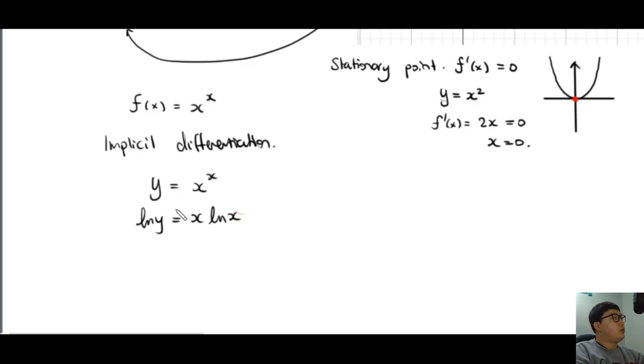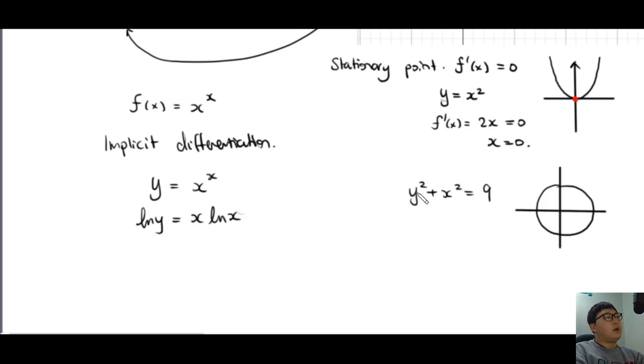And now you do what's known as implicit differentiation. I'll show you what implicit differentiation is. When you have a circle equation, x squared plus y squared equals, let's say, 9, that's the equation of a circle with a radius of 3, right?